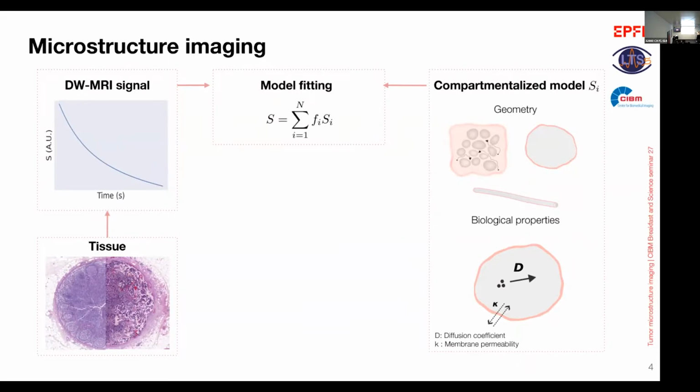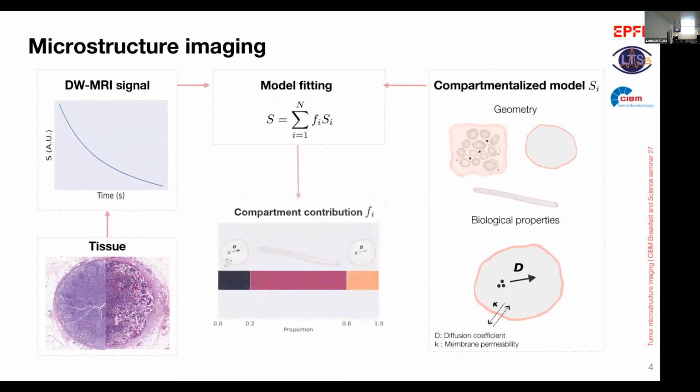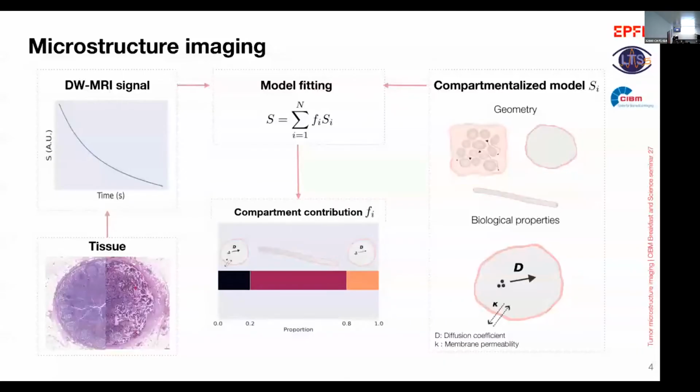And the output of this model is really the contribution of each of these compartments to the full signal, which gives us the proportion of each type of cells, of each type of tissue in the sample. So this is the idea of microstructure imaging.